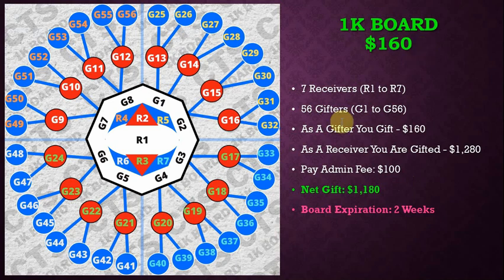Alright, and the expiration of this 1K board is 2 weeks. Again, if 2 weeks reach and the board isn't filled, you can get an extension, and after that extension, if it still isn't full, then we move into the phase where we work towards getting the receivers, the core members, back their original $160 gift.